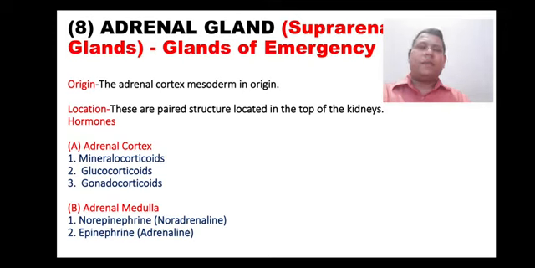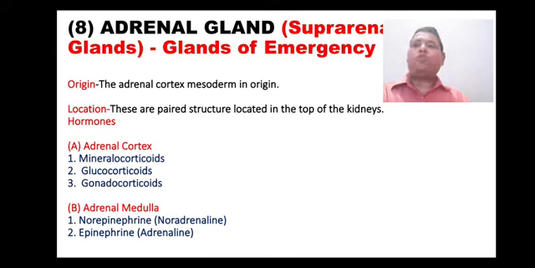The glucocorticoids, as their name suggests, affect carbohydrate metabolism. However, they also affect the metabolism of proteins and fats. The glucocorticoids include three main hormones: cortisol, corticosterone, and cortisone.